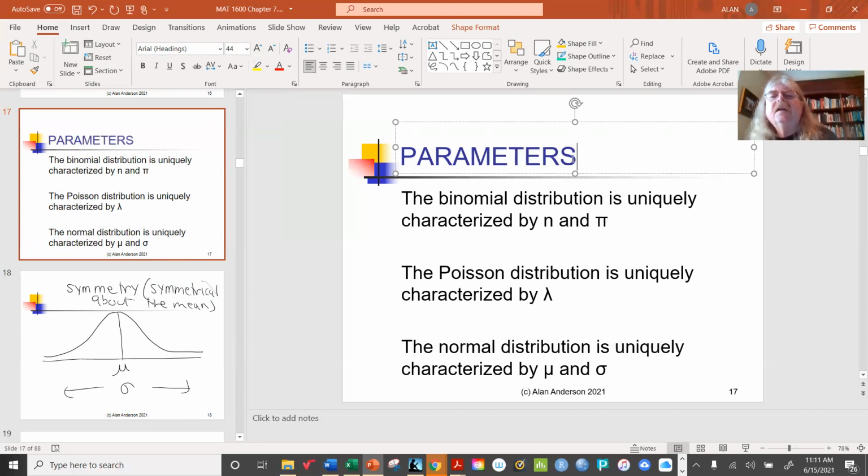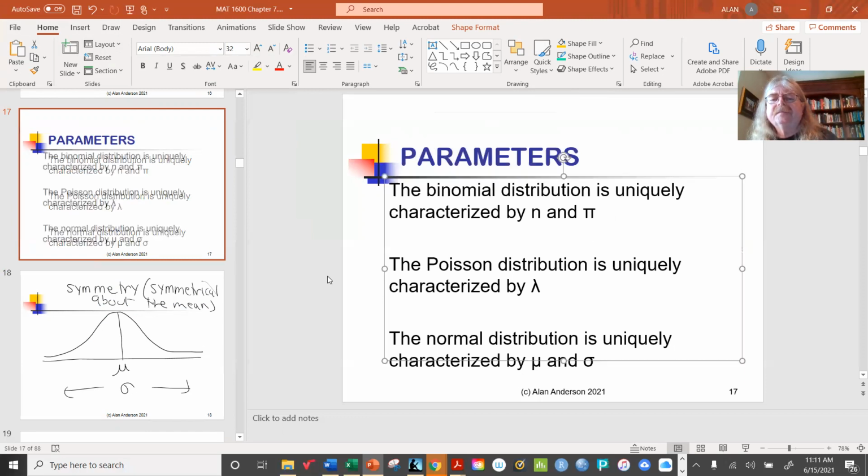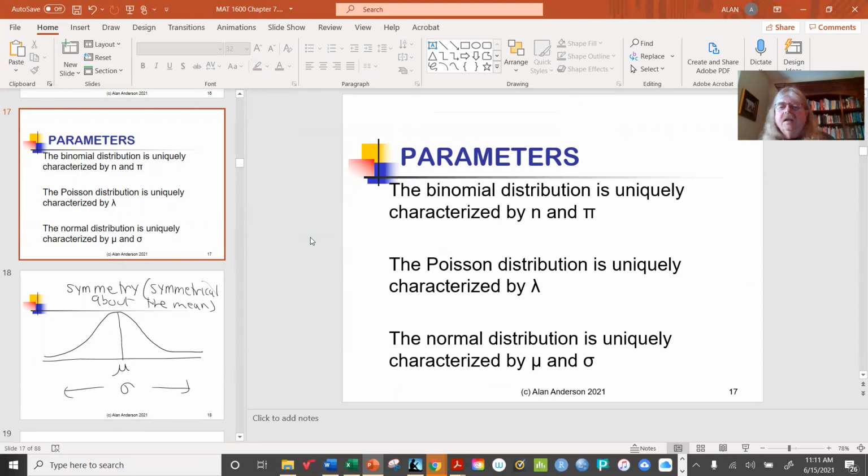So when you hear the word parameters, these are the values that uniquely characterize the probability distribution. So binomial has 2 parameters, Poisson has 1, and normal has 2. All right, very good. Now we're ready.